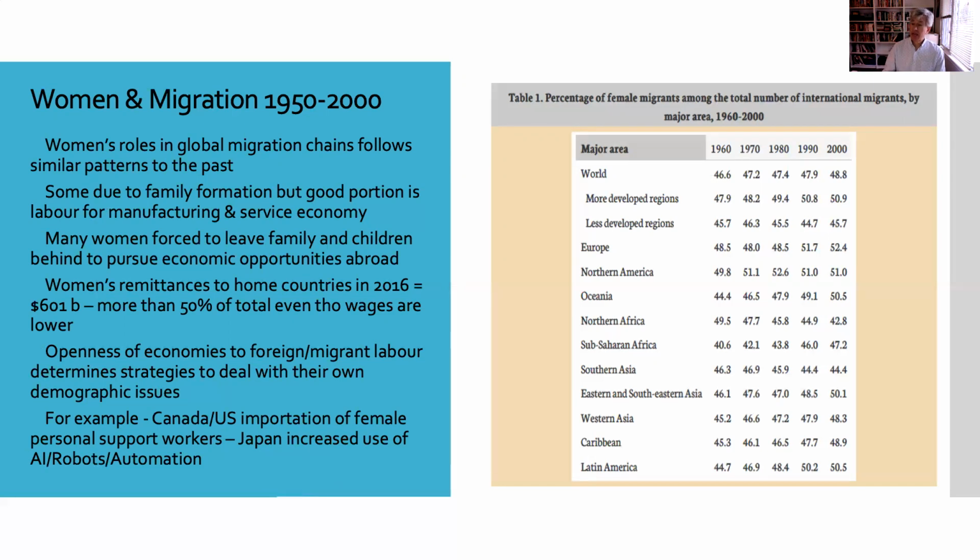The other thing we should think about here is the impact that it has on receiving societies, or how receiving societies deal with issues around migration and immigration. Like I said, in Canada and the United States, we bring in women from places like the Philippines, the Caribbean, or elsewhere, to become personal support workers in our hospitals, to look after aged peoples in long-term care homes, or nannies, or things like that.